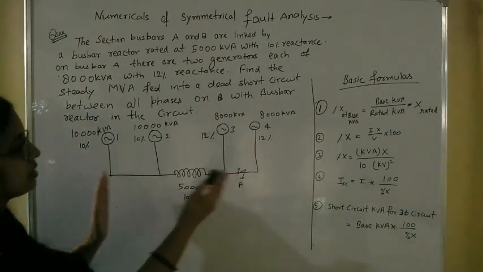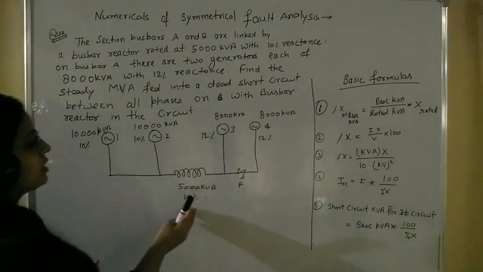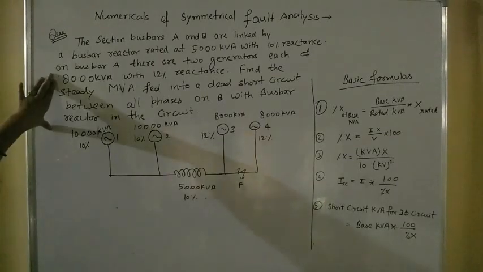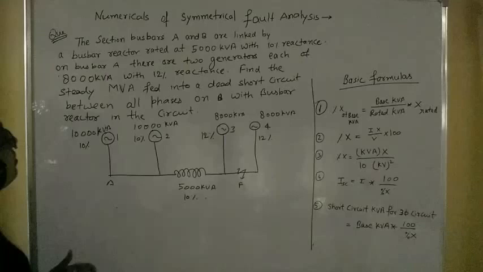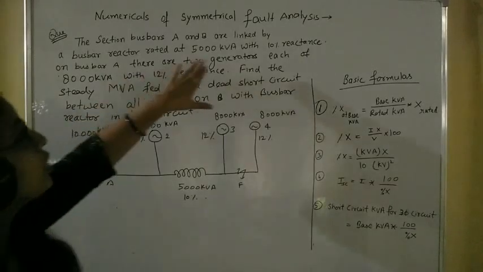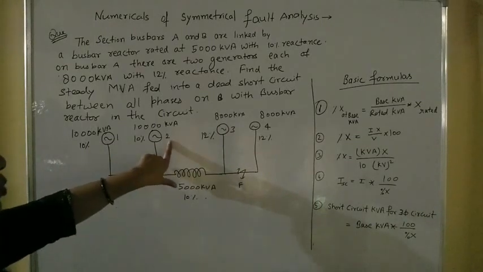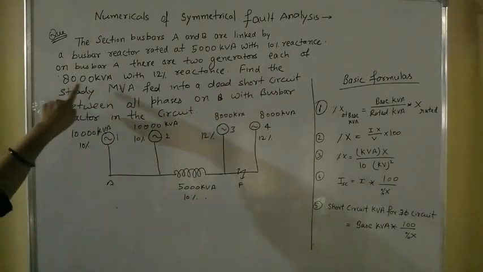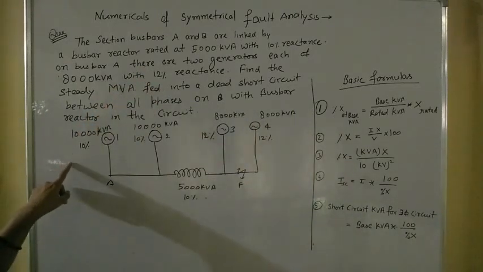Now these bus bars are connected with the help of a reactor, and the rating of the reactor is given here. Now on bus bar A, there are two generators, generator number 1 and generator number 2.